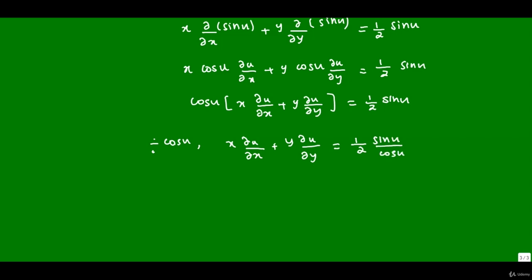But sin by cos is nothing but tan. So x into dou u by dou x plus y into dou u by dou y equals 1 by 2 tan u. Hence proved. So this is the problem.